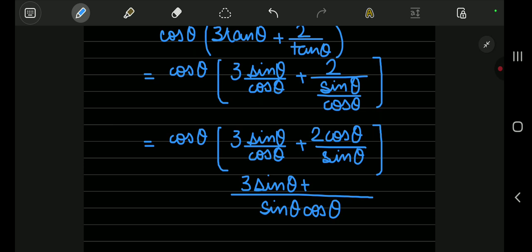Okay, 3 sine square theta, because we are taking sine theta cos theta as the common denominator, so multiplying and dividing the numerator and denominator by sine theta, it will become sine square theta, and for the second term it will become 2 cos square theta.